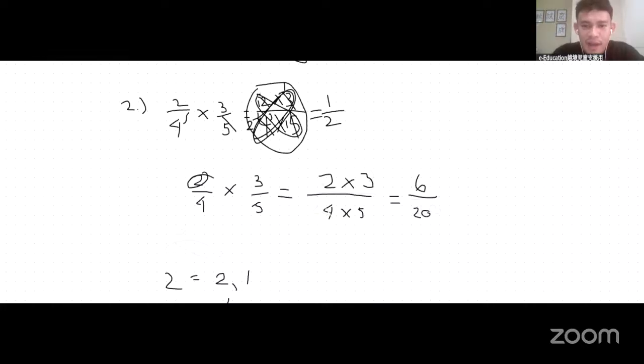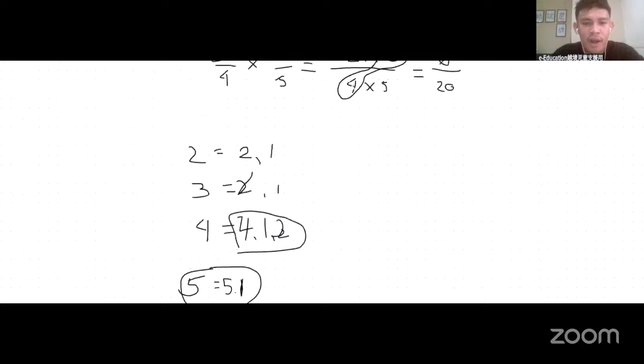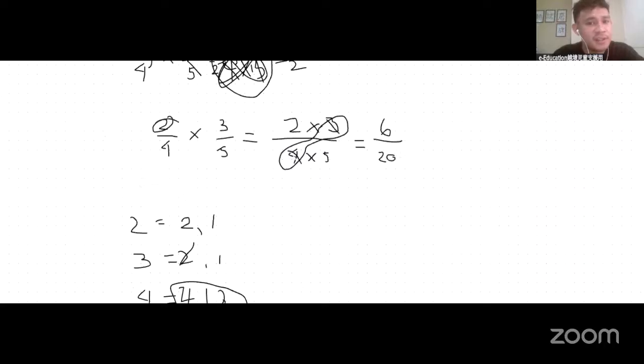The problem with what you did earlier, 4 times 3, is that 4 and 3, as we discussed earlier, 3 is not included, right? So we will not do this anymore. We will not just cancel it because 3 is not part of 4.